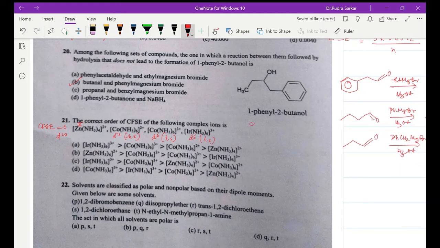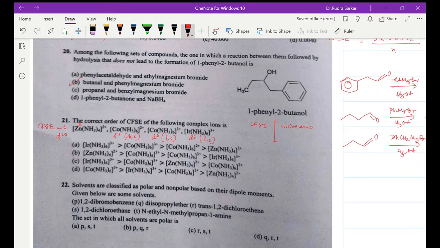We know CFSE, if we go down the group, it increases because the size of the d orbitals increases.